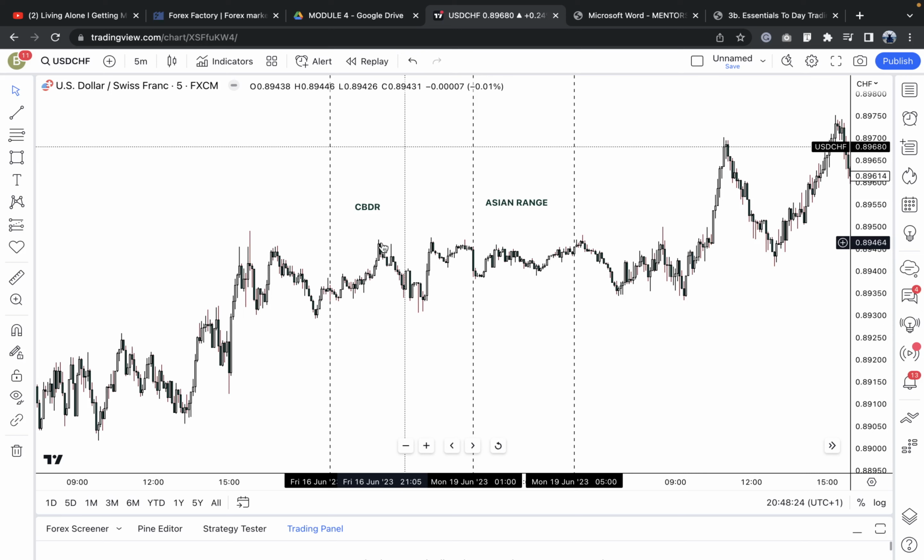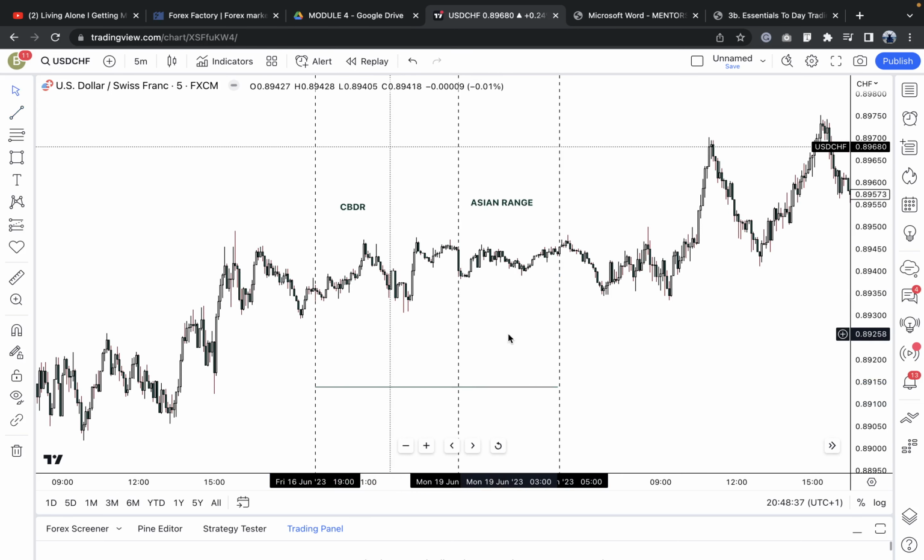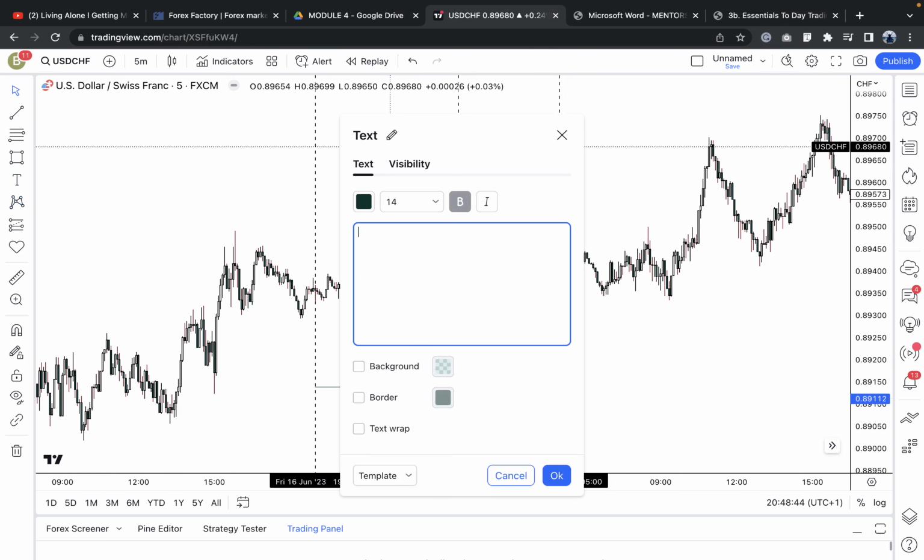First off, remember that a combination of both the central bank dealers range and the Asian range is what we call the flout. The flout is the time period between 2 p.m. Eastern to midnight New York, which is a combination of both ranges.